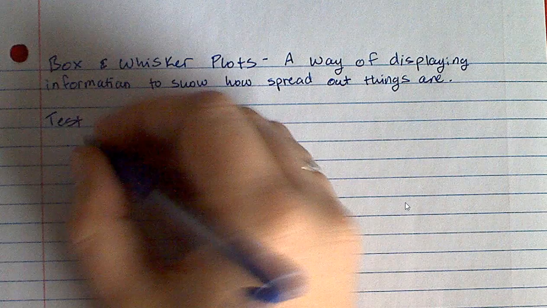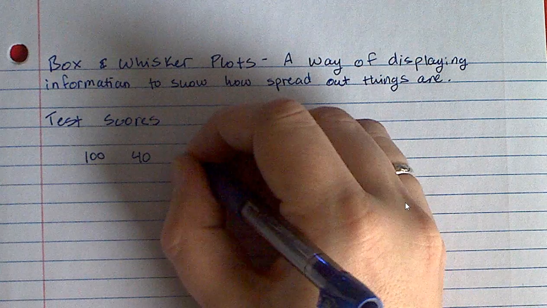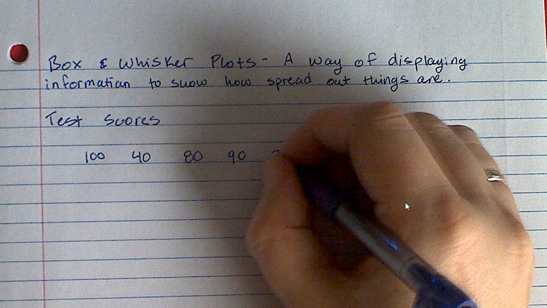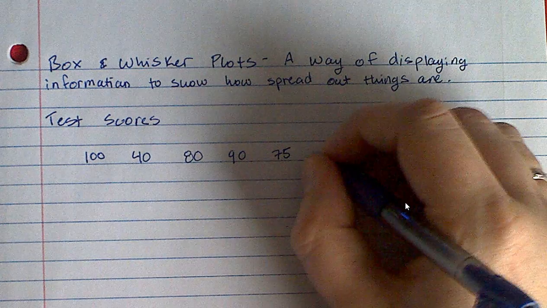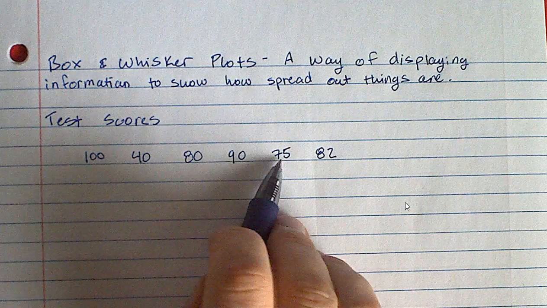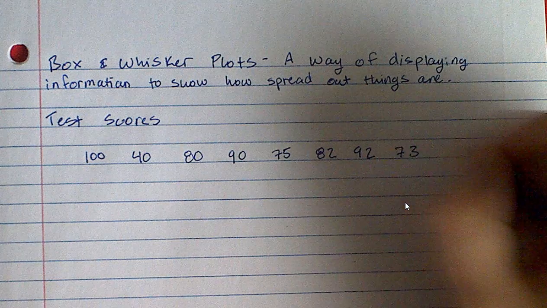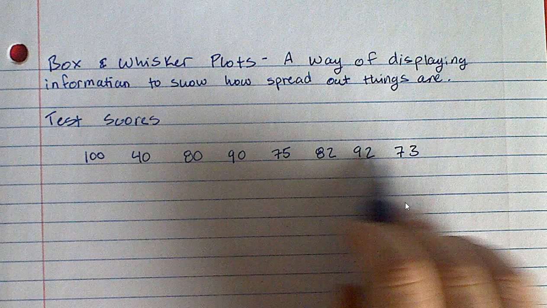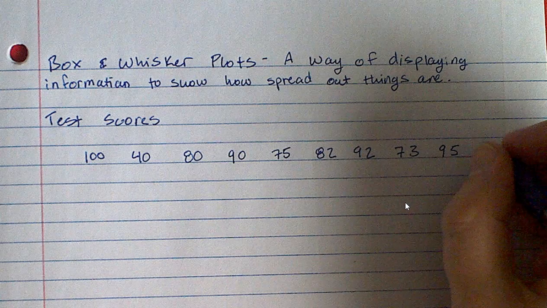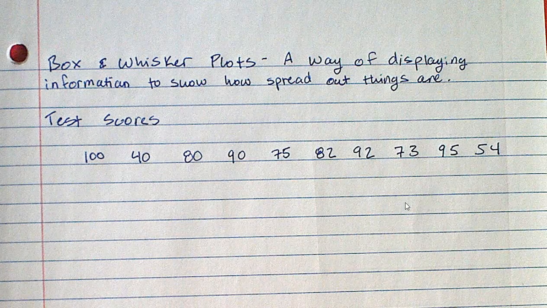So let's say I had somebody who scored a 100%, somebody who scored a 40%, another person who scored an 80, somebody who scored 90, somebody who scored a 75, somebody else who scored a 82, a 92, a 73, a 95, and one more, a 54. Let's say those were the test scores.